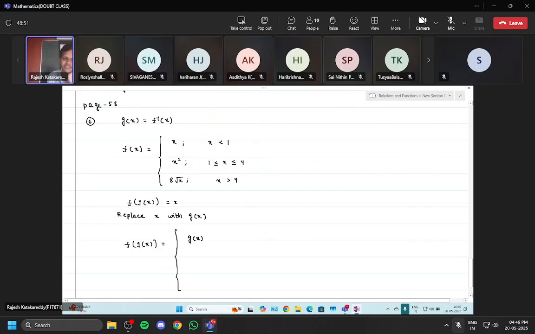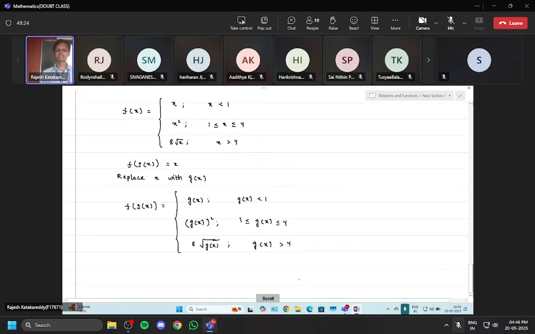This is g of x when g of x is less than 1, then g of x whole square when 1 is less than or equal to g of x, less than or equal to 4, and then 8 into root g of x when g of x is greater than 4. What happens to my left hand side here? On the left hand side I will get an identity function.